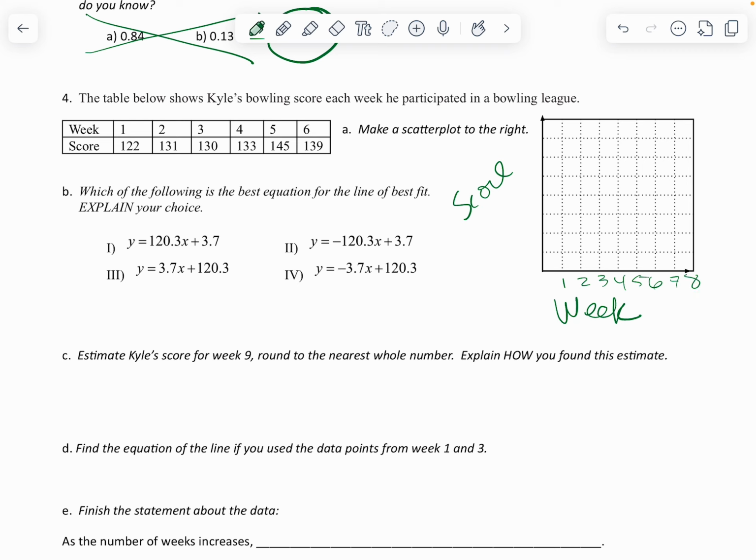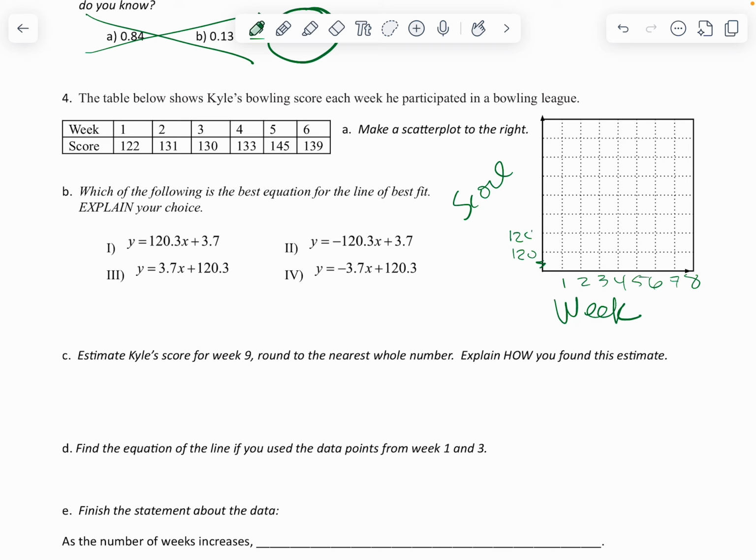I'm going to start at 120 and go up by 4.